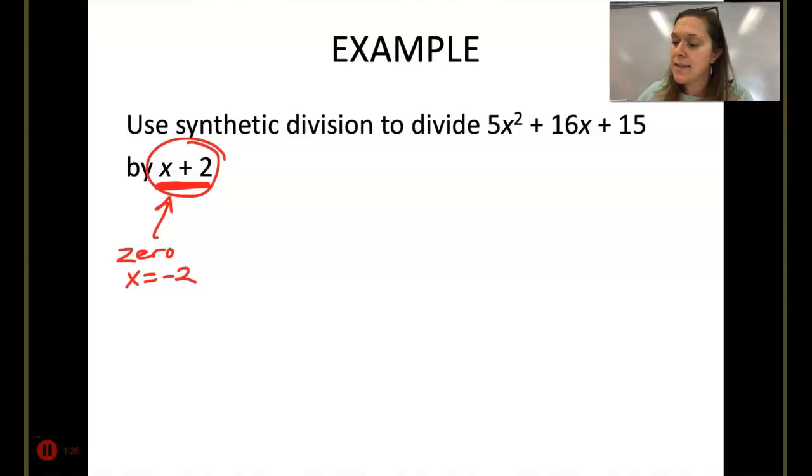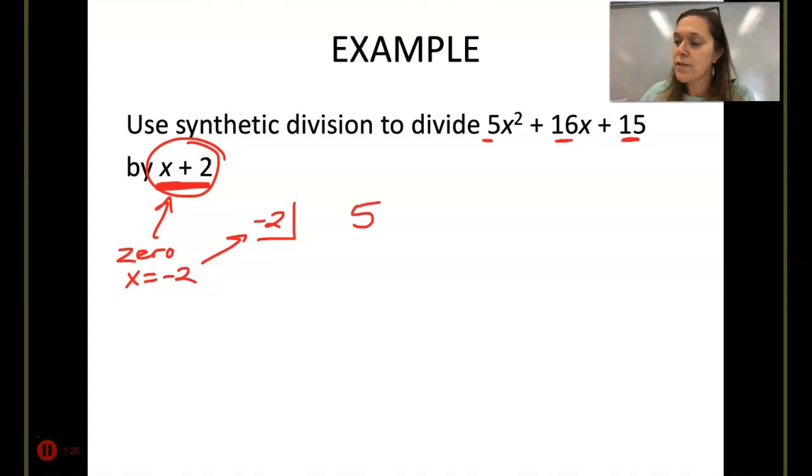So I'm going to take that zero and put it in a half box. Okay, so that goes here. Then all I'm going to do is focus on my coefficients. This is why it's much less messy than long division, because all you do is focus on coefficients and not the variables.